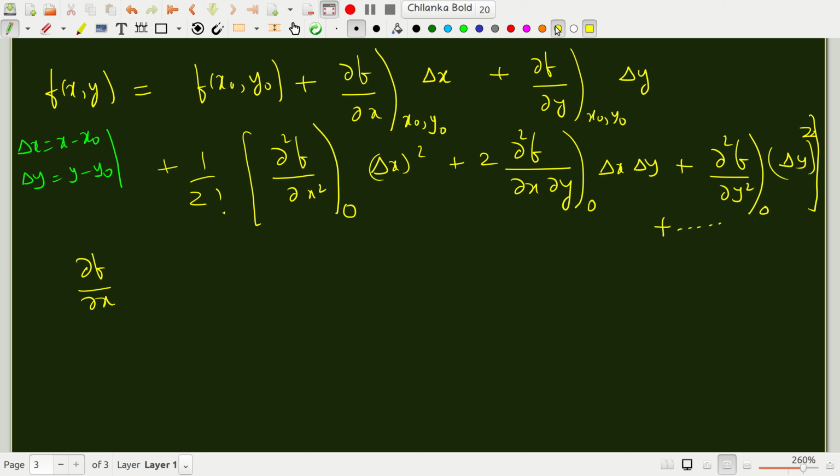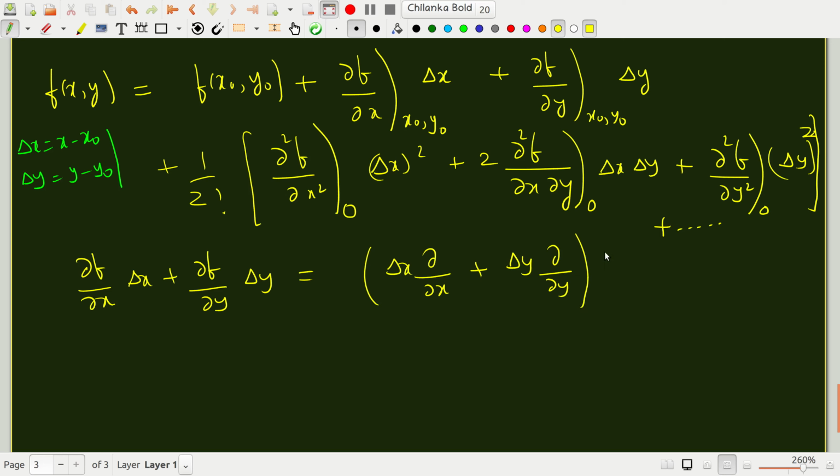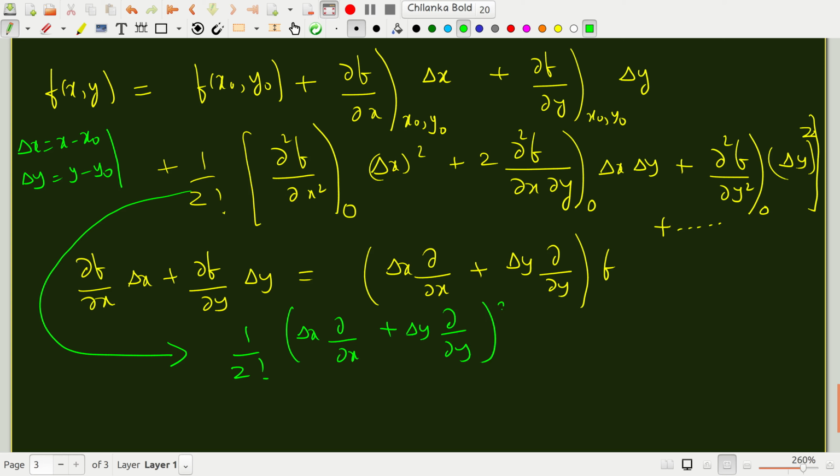Okay, now if I were to write partial f by partial x delta x plus partial f by partial y delta y as delta x partial partial x plus delta y partial partial y operating on f, then I can write this term as simply 1 over 2 factorial times delta x partial partial x plus delta y partial partial y, the whole squared, operating on f of x y.